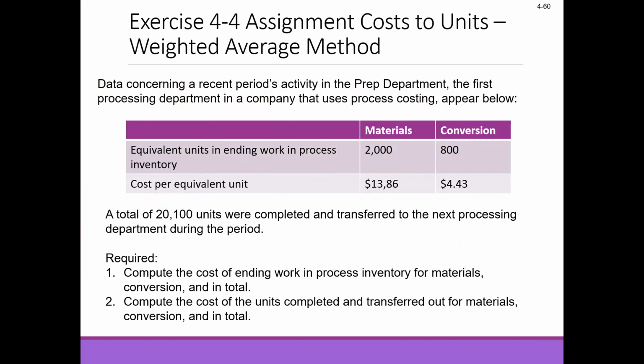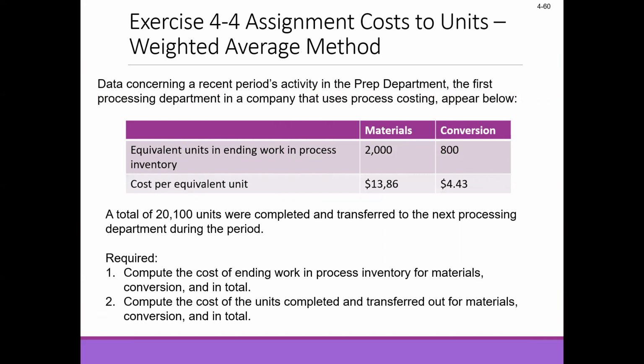So here is the prep department. It's the first department in this company for whatever they're processing. It tells us the equivalent units in ending work in process inventory, 2,000 units for material, 800 for conversion.